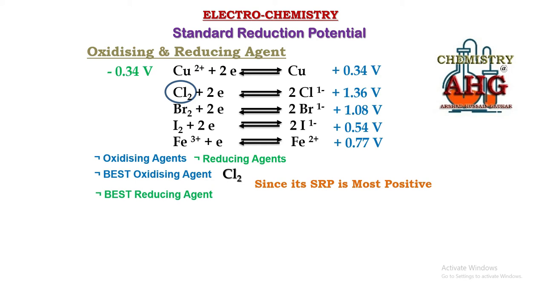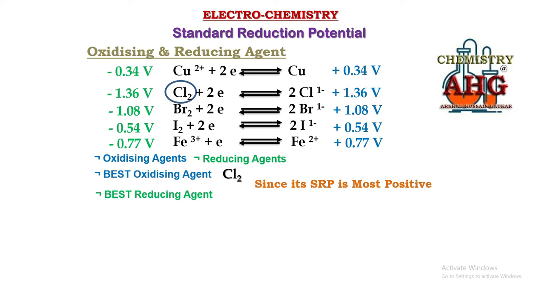Whenever the standard reduction potential of a half cell is positive, its standard oxidation potential is negative, and vice versa. Likewise, you can guess the standard oxidation potential of the chlorine half cell: negative 1.36, bromine negative 1.08, iodine negative 0.54, and for the half cell containing Fe3+ and Fe2+, its standard oxidation potential will be negative 0.77 volt.